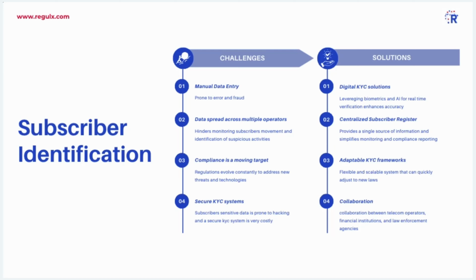The fourth challenge is the security. When you gather all this personal information about subscribers, it is prone to hacking and fraud. The operators should make sure to have a secure system. But this secure system can be very costly, especially for new or young telecom operators.